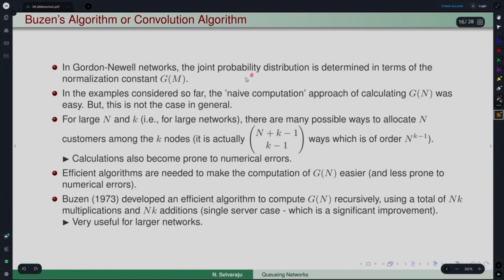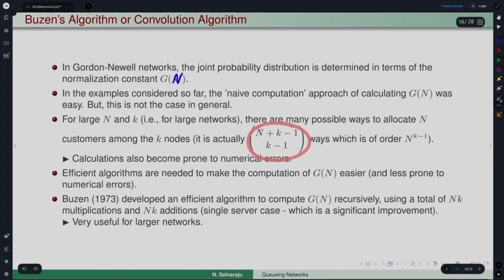So, since the joint probability distribution is determined in terms of this normalization constant g of n, we generally use the notation n, g of n. So, in the examples that we have considered, this naive brute force approach of calculating was easy, but that is not the case in general. For example, for large n and k, meaning the number of customers is large and also the number of nodes, there are many possible ways in which one can allocate these n customers among the k nodes.